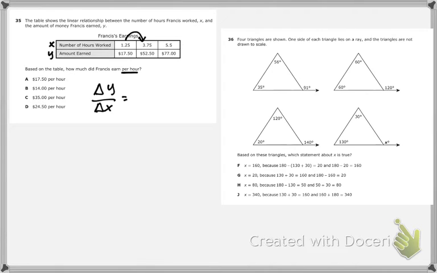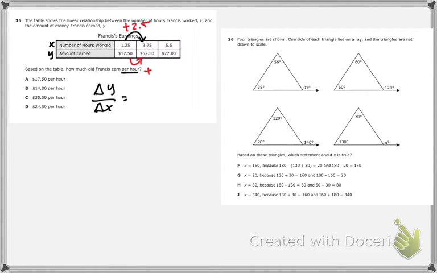And so for the change of X, we are adding 2.5. And for the change of Y, let's see how much we're adding, 52.50 minus 17.5.